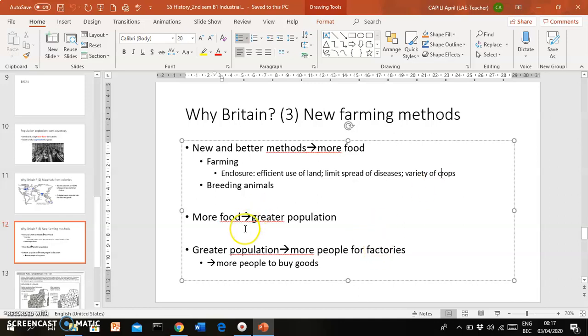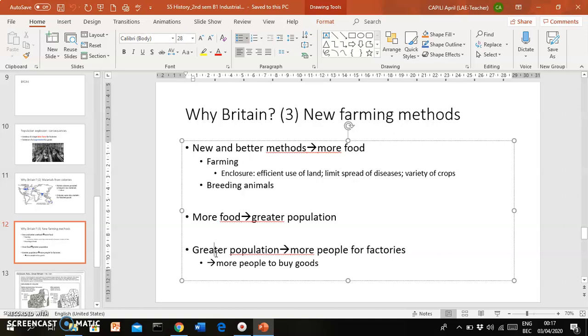So if you had more food, that would lead to a greater population. And the inverse is also true: if you have a bigger population, that bigger population would need food. If you had a greater population, that meant more people for the factories.